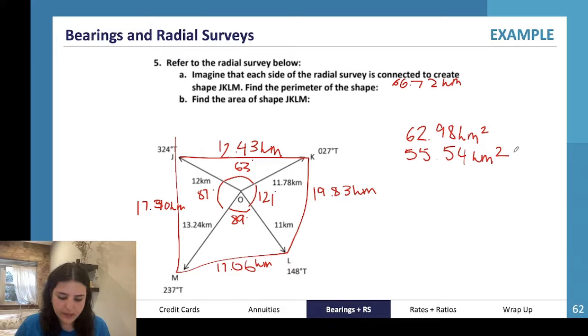The next one is going to be half times 11 times 13.24 times cos 89. Oh, sorry, not cos. Hold on. Okay, let's restart. Half times 11 times 13.24 times sine 89. And that is 72.81.